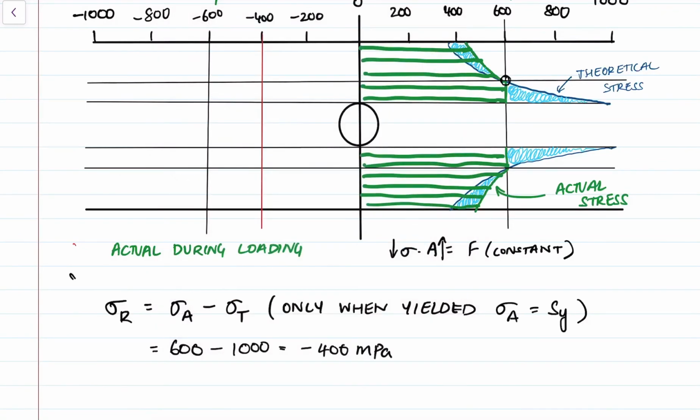So it starts off at -400 and it goes up, and it's going to be in compression basically till the part where we have the actual stress at the yield strength. So it's going to end here, right?